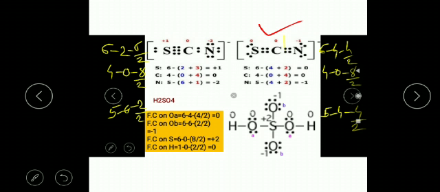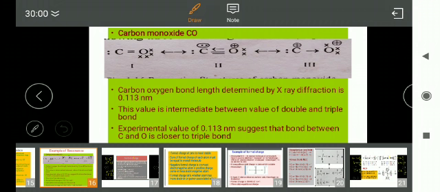Next is H2SO4. In H2SO4 there are two kinds of oxygen. We label them A and B. So we take the formal charge of oxygen A: 6 as valency is 6, minus 4 because these are the lone pairs, minus 4 because these are bond pairs, divided by 2.